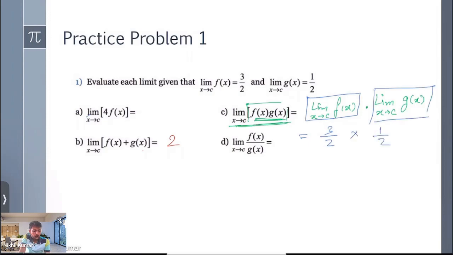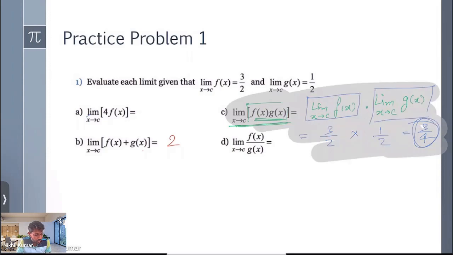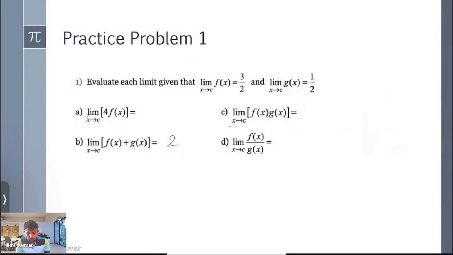So 3 by 2 into 1 by 2, that's 3 by 4. That's your answer. 3 by 4. Okay. I hope this is clear how we figured this out. Let me just keep the answer and remove everything else. We've seen that the answer is 3 by 4, so I'll just keep the answer here.